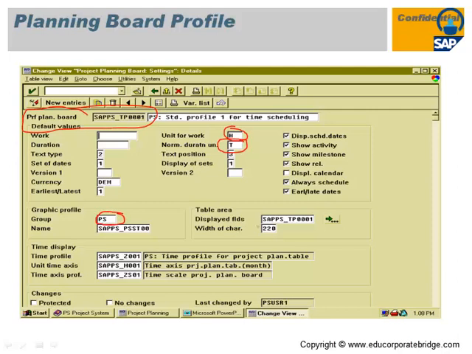Then you can manage the time profile and unit time axis profile in the configuration. These values are stored and come by default under the project planning board.